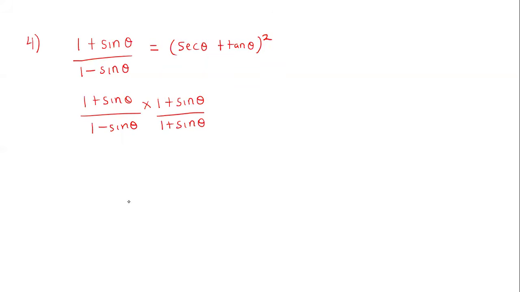Mind you, whatever step you are doing, it shouldn't change the original identity. Now, what am I going to have? Here, I'm going to have 1 plus sine of theta multiplied by 1 plus sine of theta. When I look down, I have 1 minus sine of theta into 1 plus sine of theta.